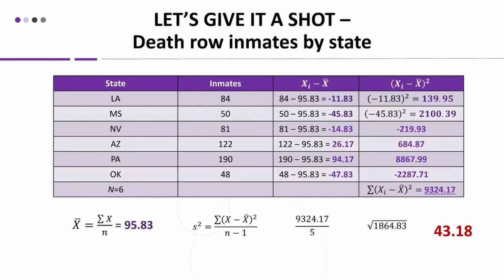So there are six values, so 4 of them should fall within that range. Just putting them in order right now, it looks like that would be 50 through 122 in this case. Those would be the values that fall within those standard deviations.